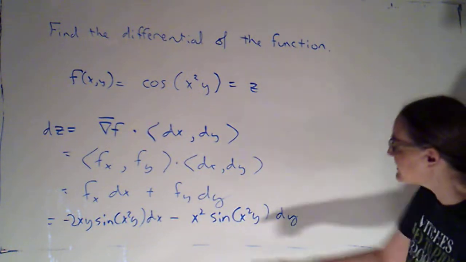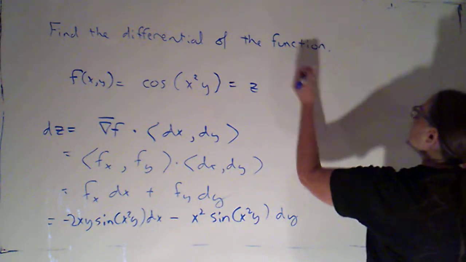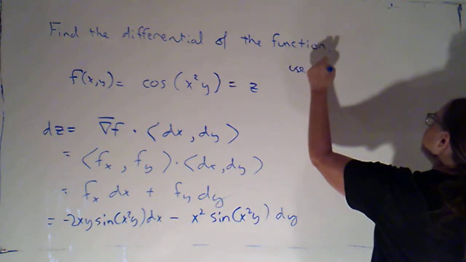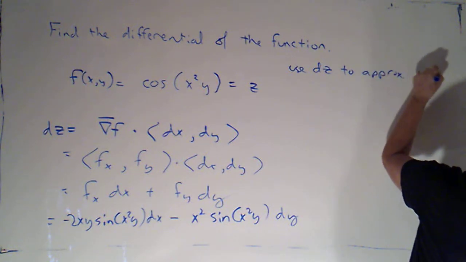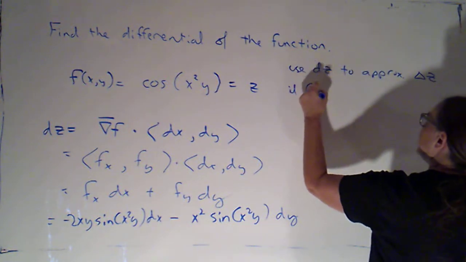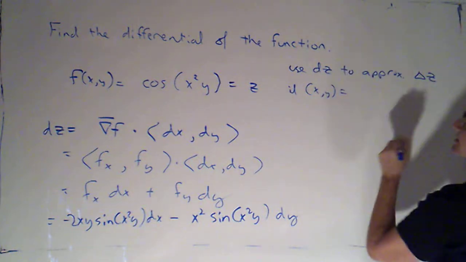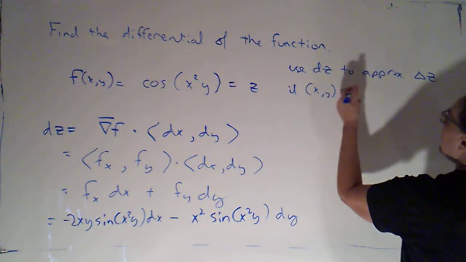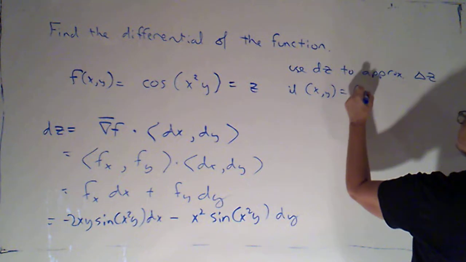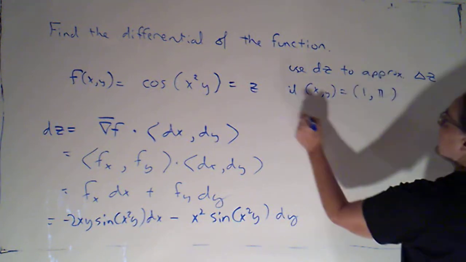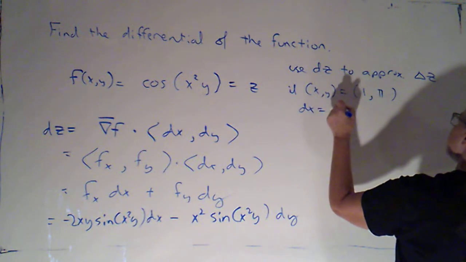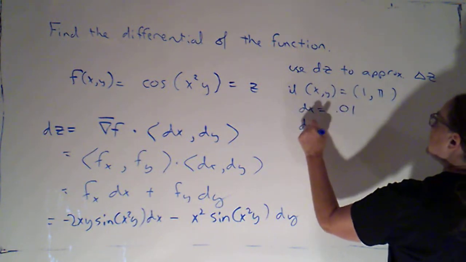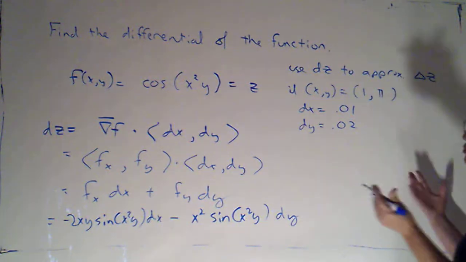So let's actually go ahead and use this. So let's use dz to approximate delta z if x, y is, let's just go with 1, pi, and dx is 0.01, and dy is 0.02.